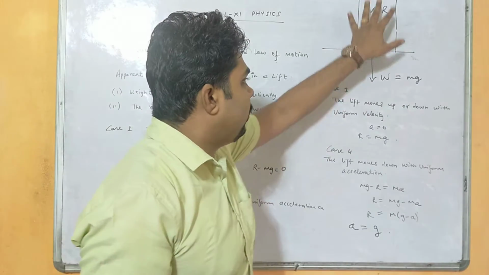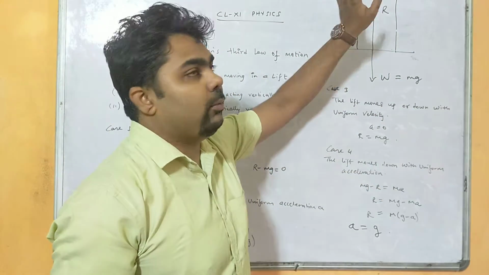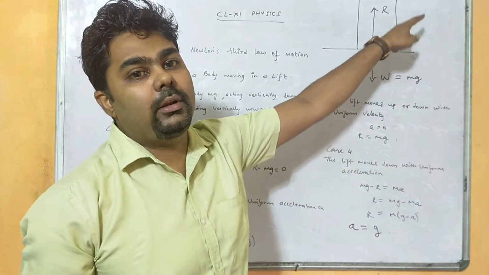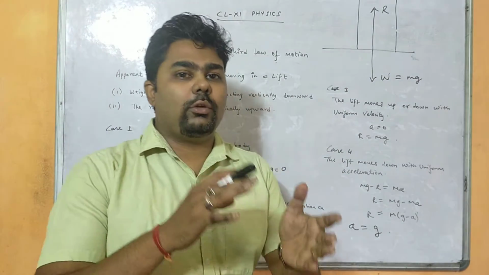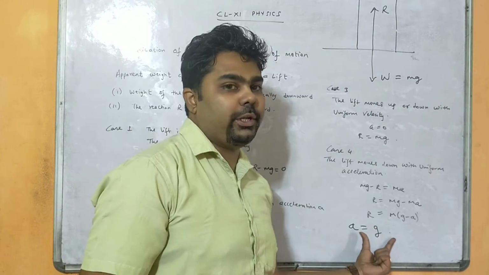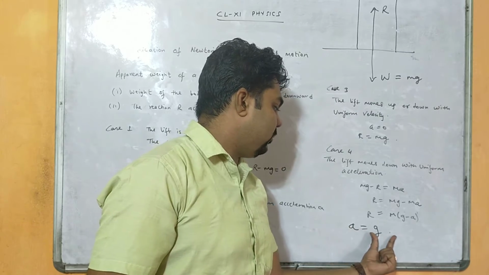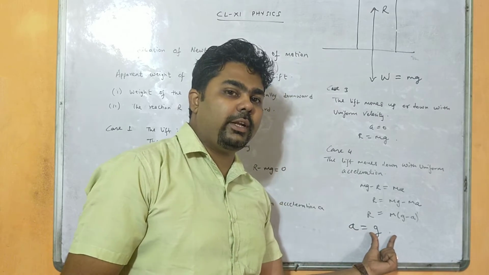So if this lift is falling down and the cable has broken, it will act like a freely falling body, and the acceleration of a freely falling body is 9.8, that is small g.